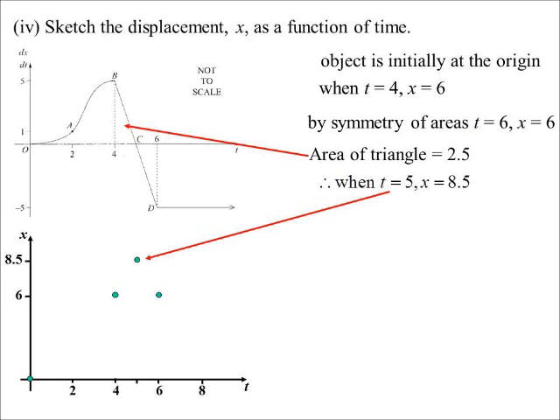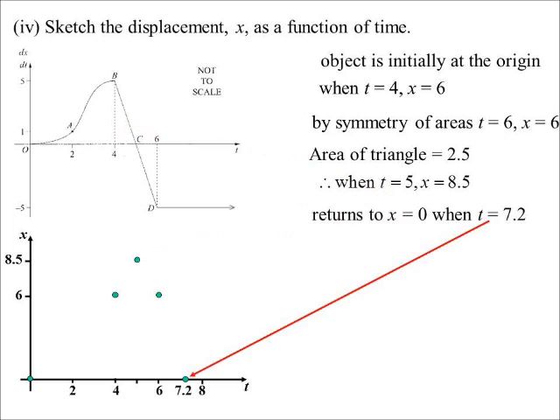Base times height, half of that, gives the area of this triangle as 2.5. So halfway between 4 and 6, I must have travelled another 2.5. So when t equals 5, I'm at 8.5. We just worked out that it returns to 0 at 7.2, so I'll plot that point in. So I've got a few points there.